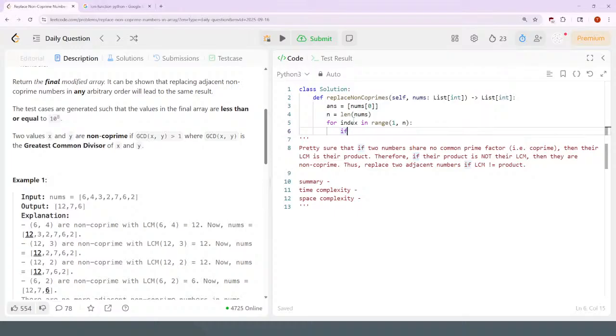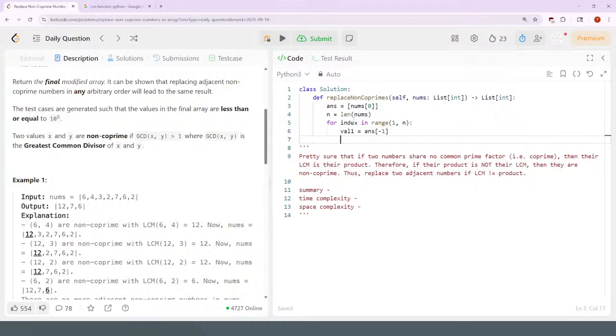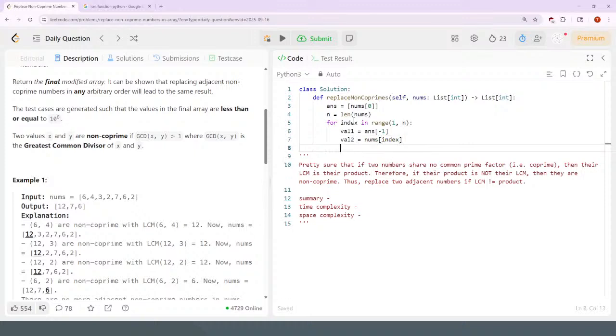We could also maybe do this in place. It'd be a little awkward, yeah, too awkward. So value 1 is the last value in answer. Value 2 is nums at this index.